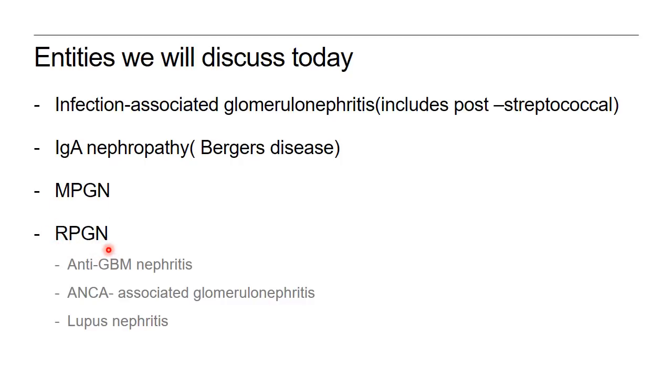This entity just implies that the patient's renal failure is progressing very quickly, and it's a glomerular reason. The three entities notorious for causing this rapid deterioration are anti-GBM nephritis, ANCA-associated glomerulonephritis, or lupus nephritis.